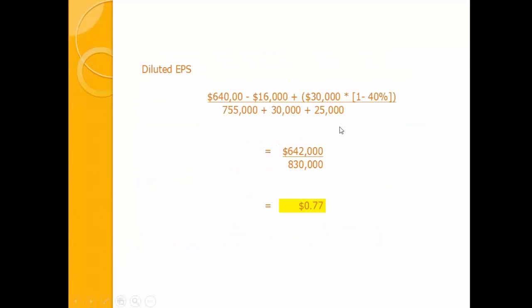When we're looking at this, the diluted earnings per share ends up being 77 cents. So 77 cents is the impact of the bond. We still are taking away the preferred stock dividends, and then on the denominator side we have these two additional elements: 30,000 shares for the preferred stock and 25,000 shares of common stock for the bond.